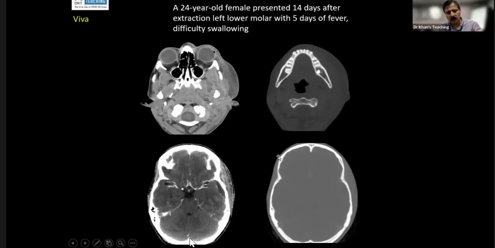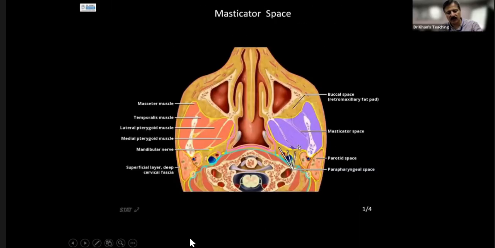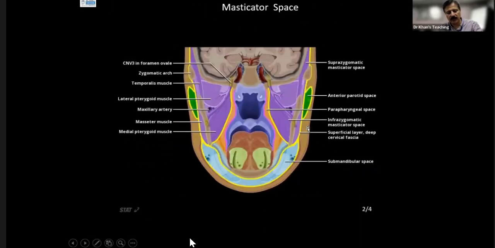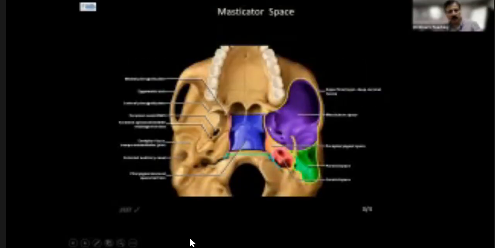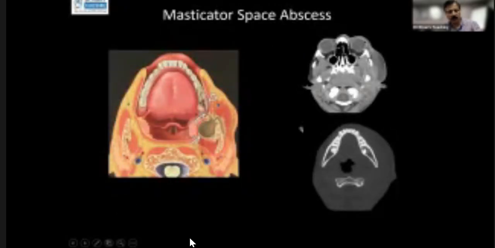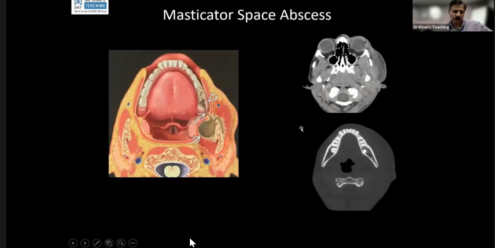So this is the masticator space. And we know that it goes and touches there. And you see, this is that muscle which is involved, and we know that it can go to the base of skull. So that was the idea of this masticator space abscess.